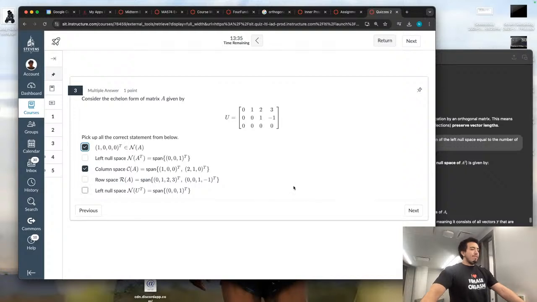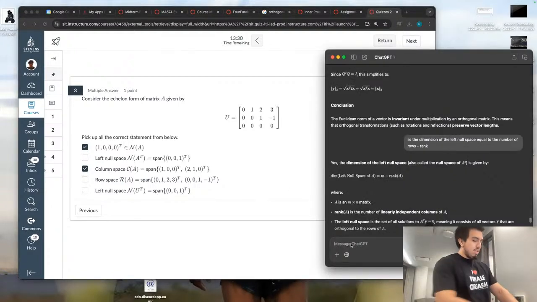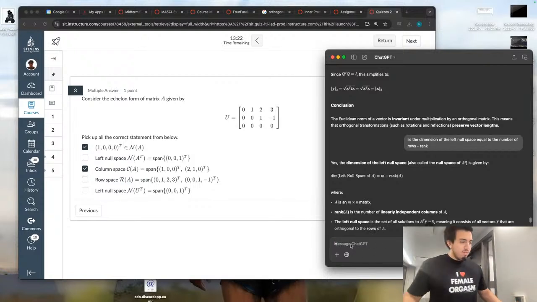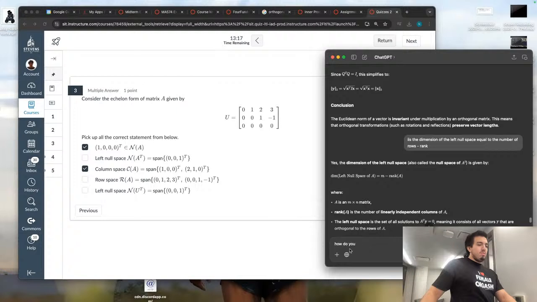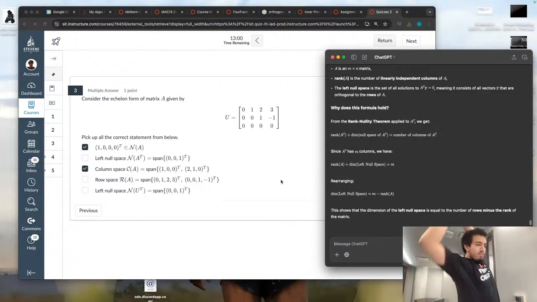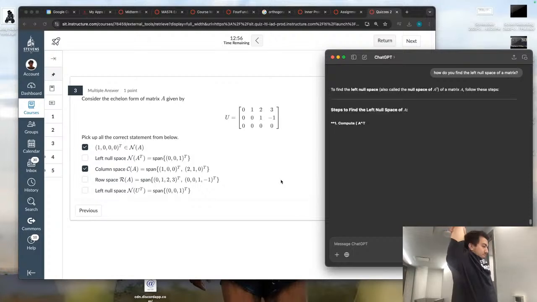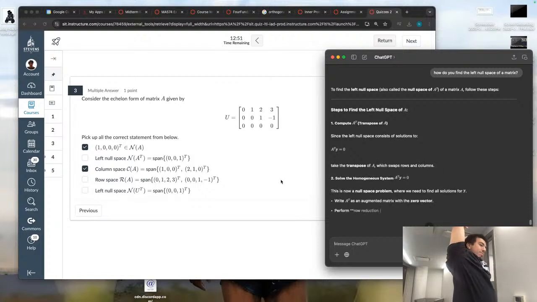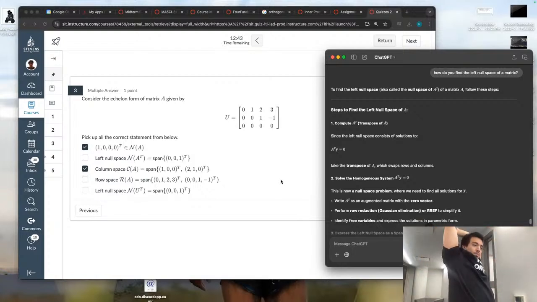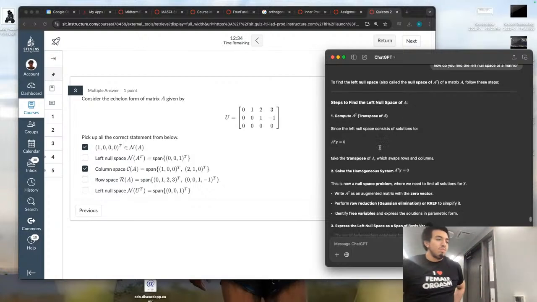Now, I'm confused on how to find the left null space. Okay, I could do that, honestly.